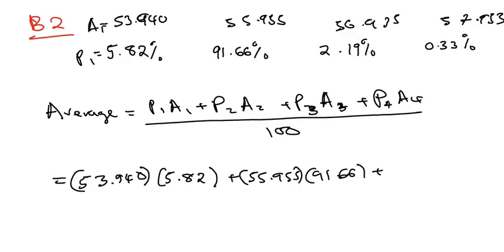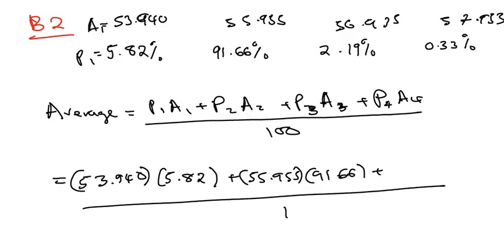So when you are done punching everything, then divide everything by 100. That will give you your answer. The answer is going to be in AMU as well. So let me just punch this directly here.